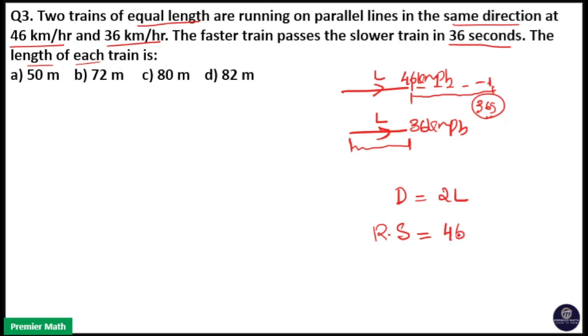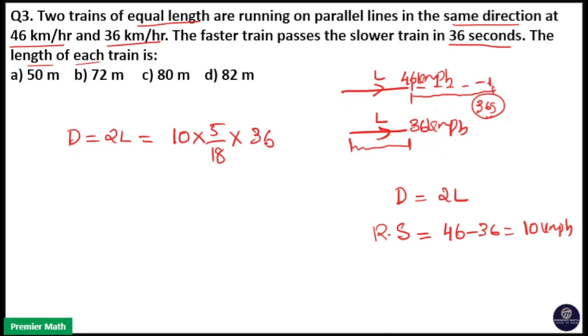Moving in same direction means 46 minus 36, that is 10 km per hour is the relative speed. That means distance is equal to 2L is equal to speed into time. Speed is equal to 10 km per hour. I will convert it as meter per second, that is into 5 by 18 into time for this is equal to 36 seconds.